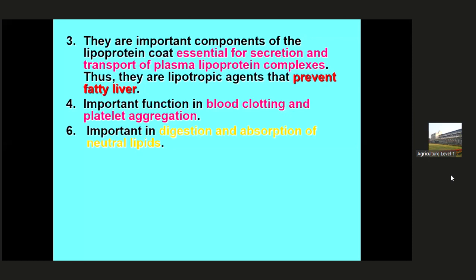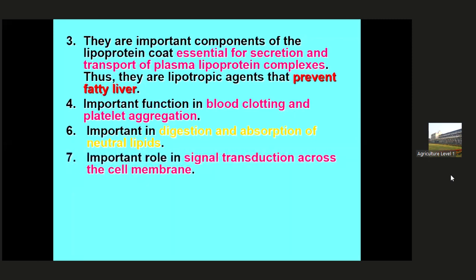When you study the metabolism of lipids, you will study the digestion, absorption, and metabolism of lipids. Here we discuss the importance of phospholipid for the digestion and absorption of lipids, but you should know about it. The digestion and absorption of neutral lipid depends on the amount of phospholipid present in your body. If phospholipid is deficient, then digestion and absorption of neutral lipid will be hampered.